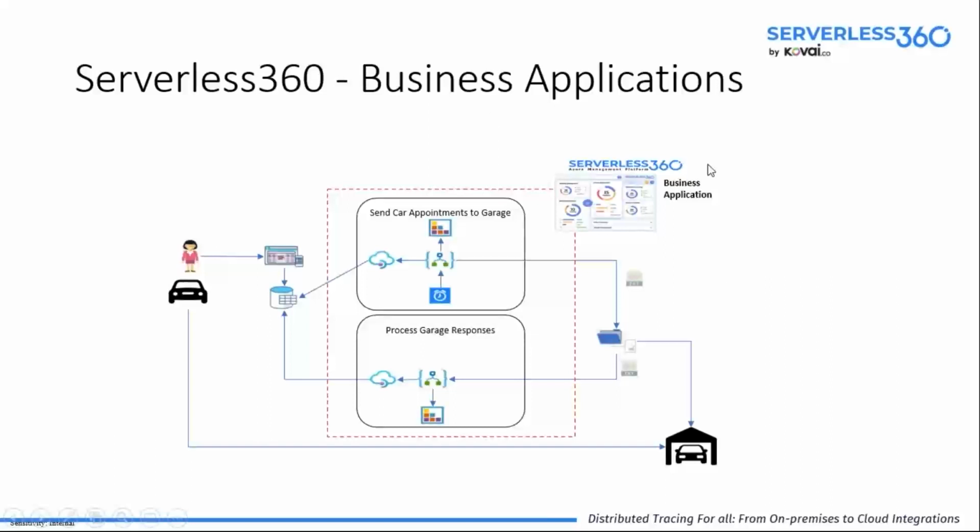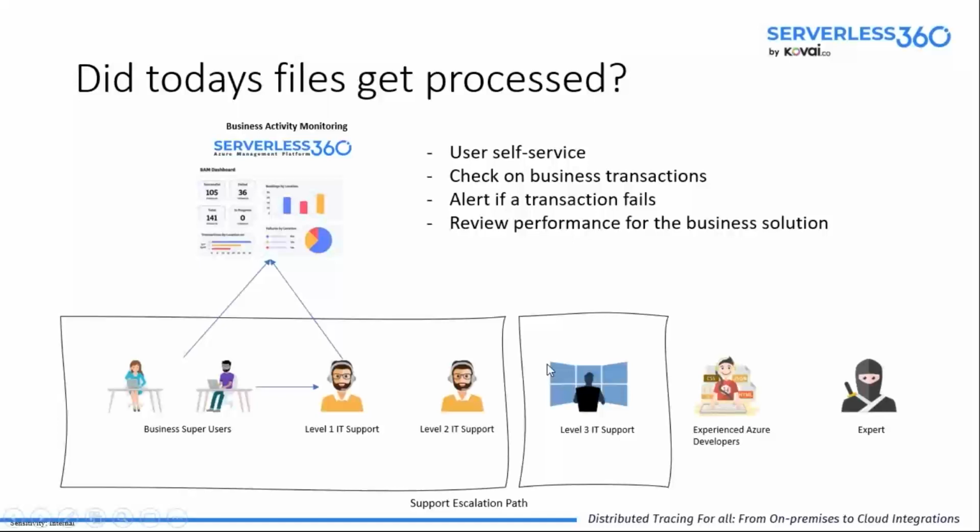As the business application module is giving me the status of my resources, what we are also heading towards is getting the detail about whether today's files got processed. If I have decided to process 10 services today, has that gone through properly? Was there any failure? These are certain questions the business would often get stuck with, isn't it?